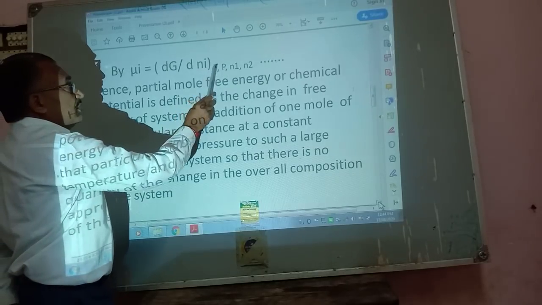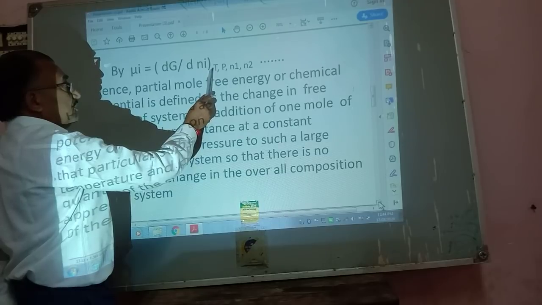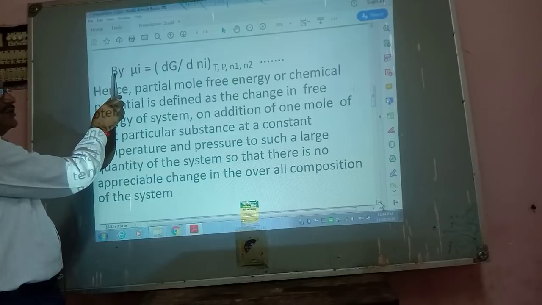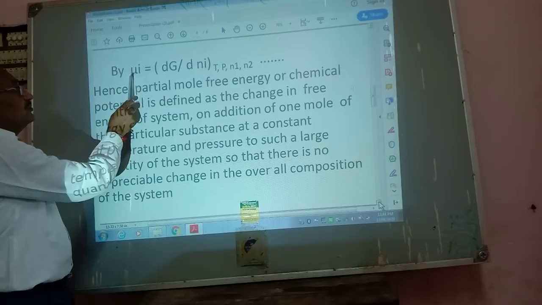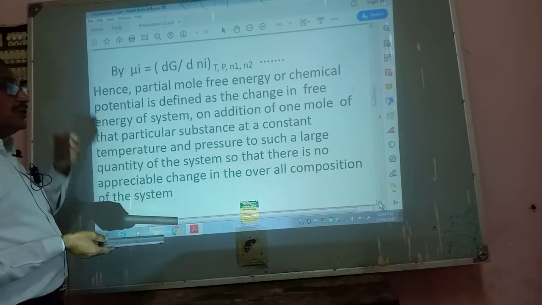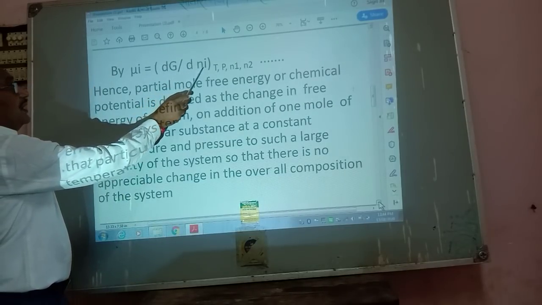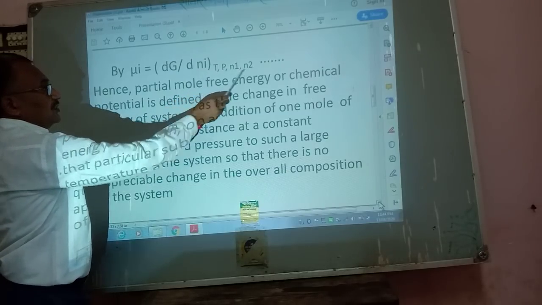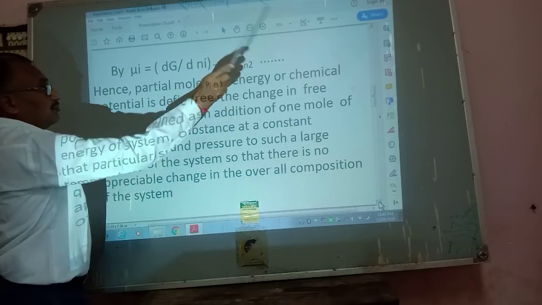Here the ith component varies and all other components remain constant, and therefore chemical potential or partial molar free energy mu i is equal to dG upon dNi at constant temperature, pressure, N1, N2, all these are constant, and here dG varies with dNi of the ith component.